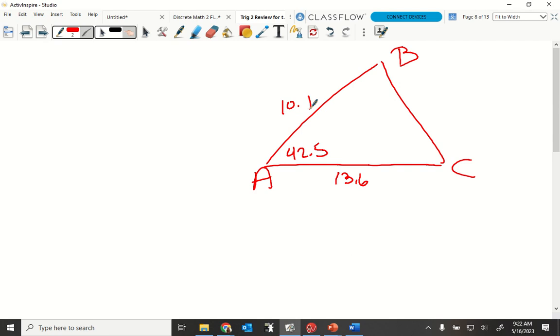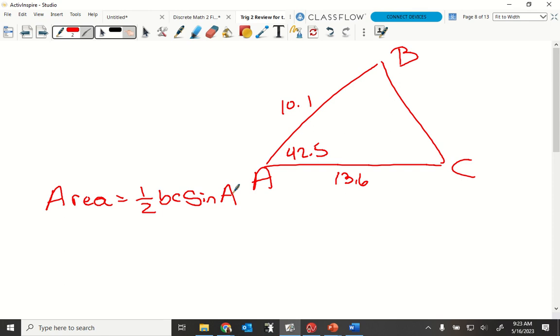What's my area formula? Hold on, I'm trying to run this off the top of my head, but I don't think I can. I heard it: one half, and it's going to be C times B, side AB, and then sine of A. Is it on the reference sheet? I think it is. Yep, there we go.